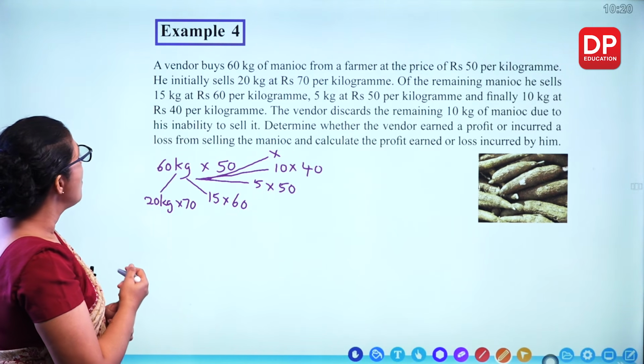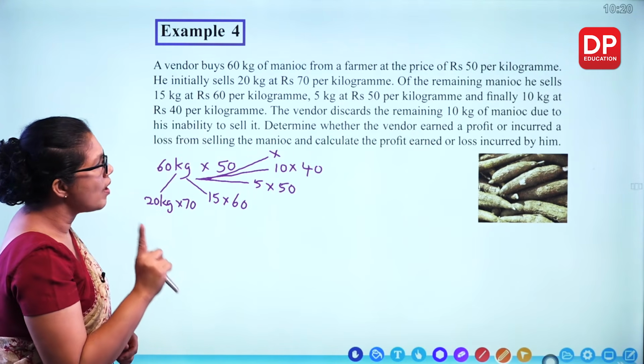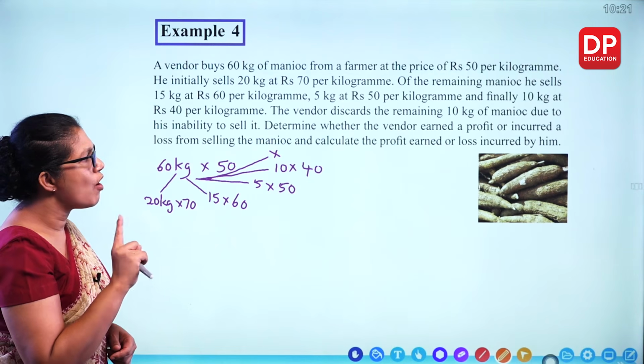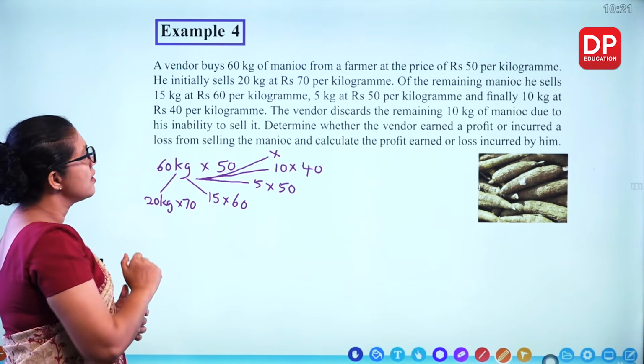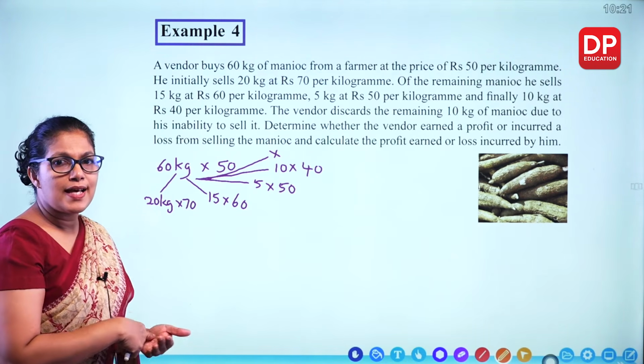Now determine whether the vendor earned a profit or incurred a loss from selling the manioc and calculate the profit earned or loss incurred. Now we need to find out the purchase price and the selling price.